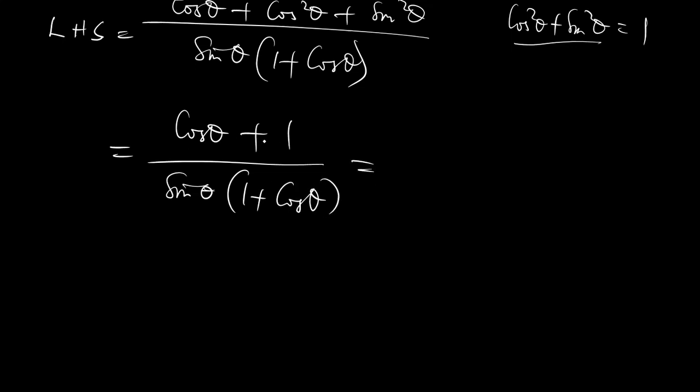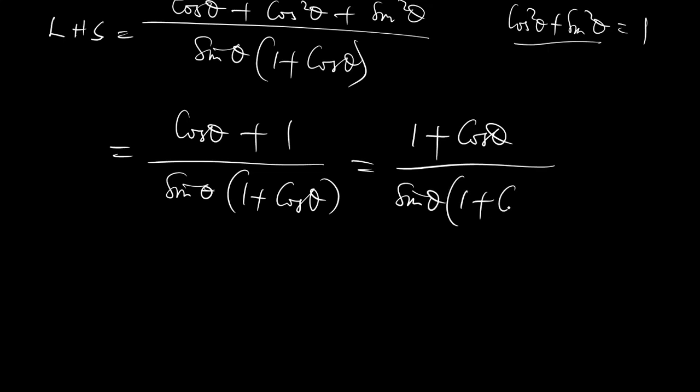Now, if you see, this is the same thing as this. If you interchange it, now you have 1 plus cos theta. Let me interchange it so that it's divided by sine theta bracket open 1 plus cos theta. So this will cancel out.